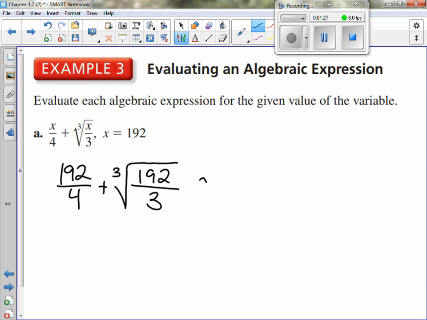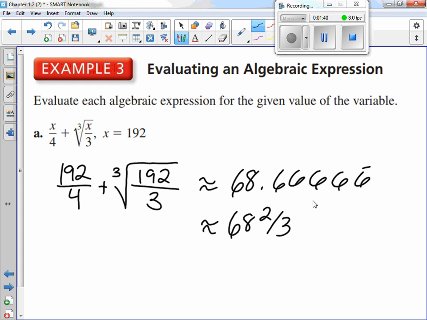Now it's going to tell us that it's approximately 68.666666 repeating. Or it's approximately 68 2/3, because 2/3 is the same as 0.666666 repeating.